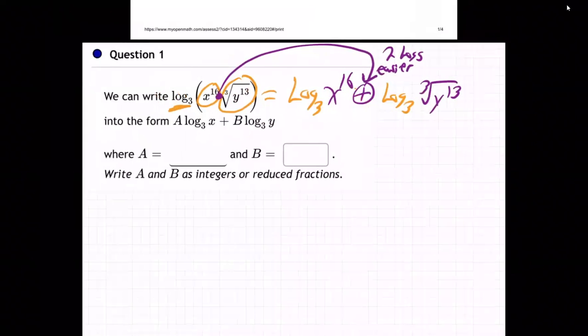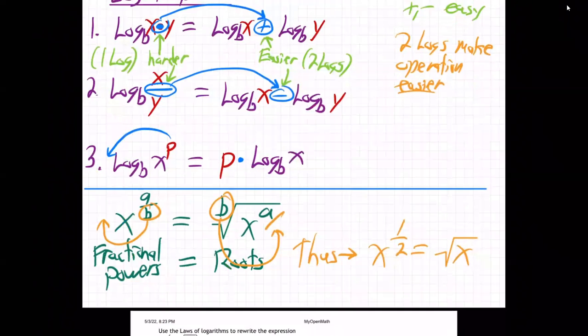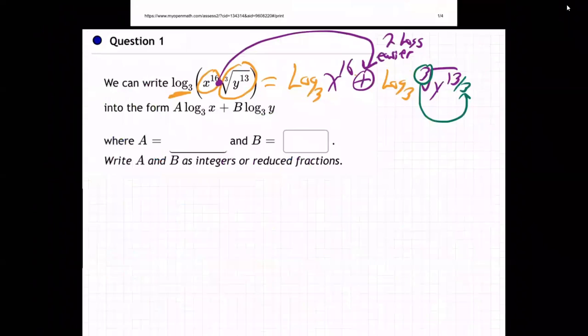So, okay, so what? That means I can take this 3 right here and swing it back, and the root will vanish. Are you with me? Look back at the property. When you take this and swing it back, it's equal to that with no more root. When you change it to a fractional power, the root vanishes. You're either a fractional power with no root or you're a root, one or the other.